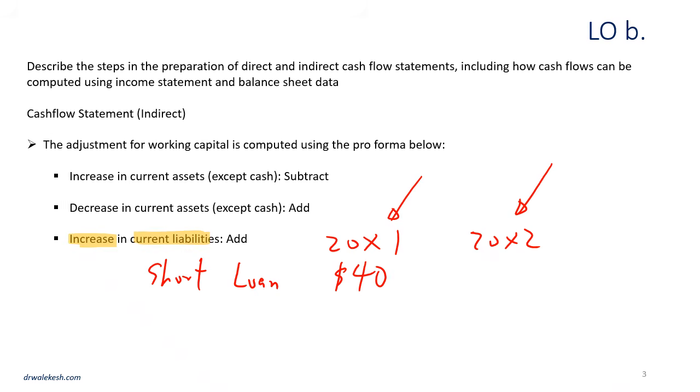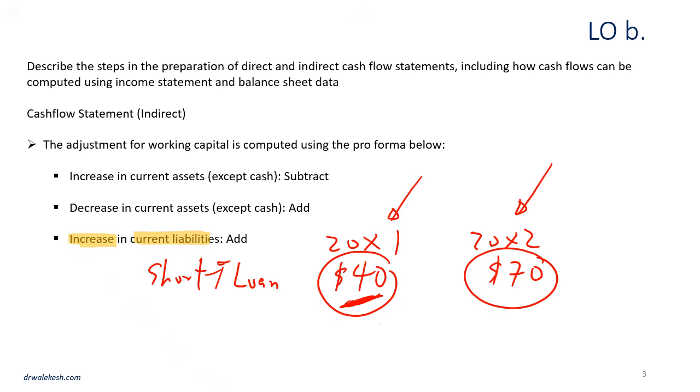But in 20x2, the short-term 3-month loan is, let's say, $70. In 20x1, if you get a loan of $40, what will happen to your cash? The bank would give you cash worth $40.